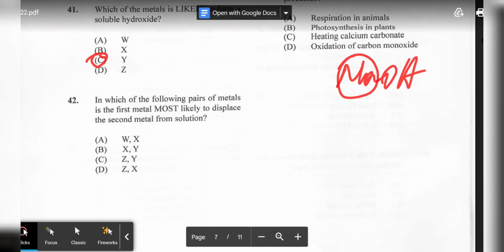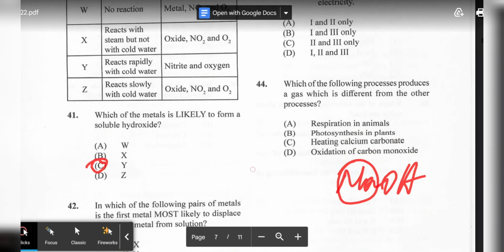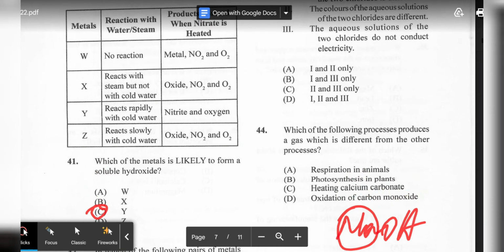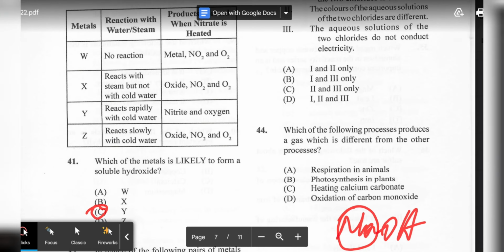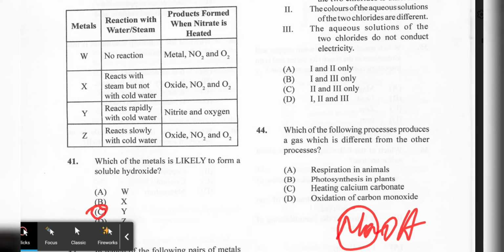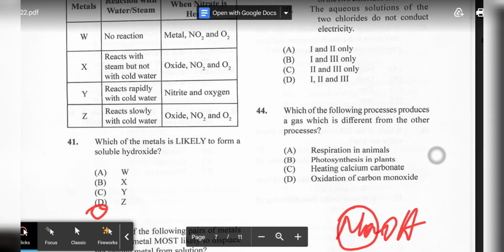W is the least reactive, so Y can displace anything, Z can displace X and W, and X can displace W.